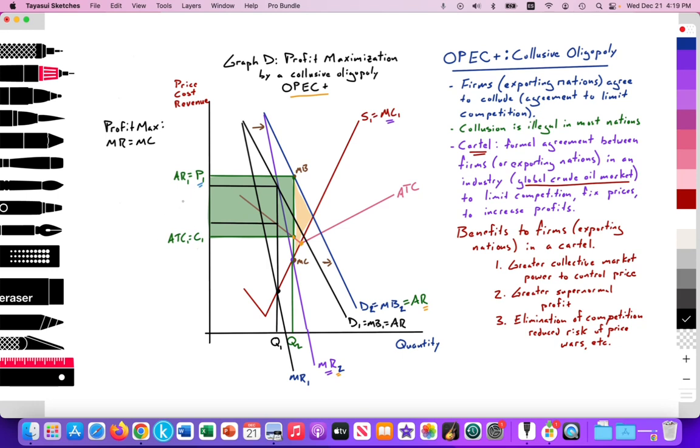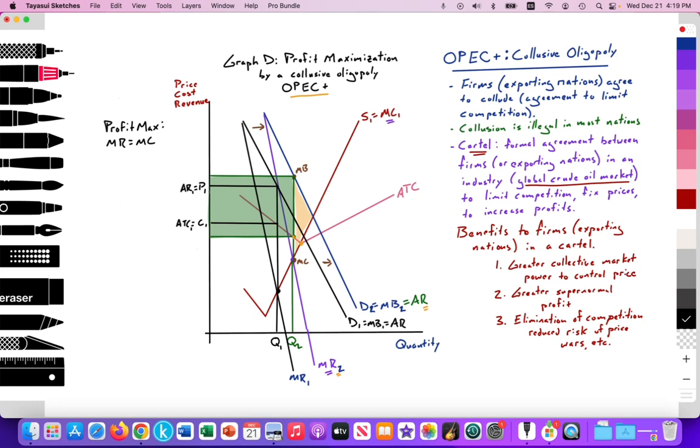Okay, so I'm going to label this. Let's just change the labeling here. This is now P1, which is equal to the average revenue. And this is the costs of production, costs on average, ATC1.